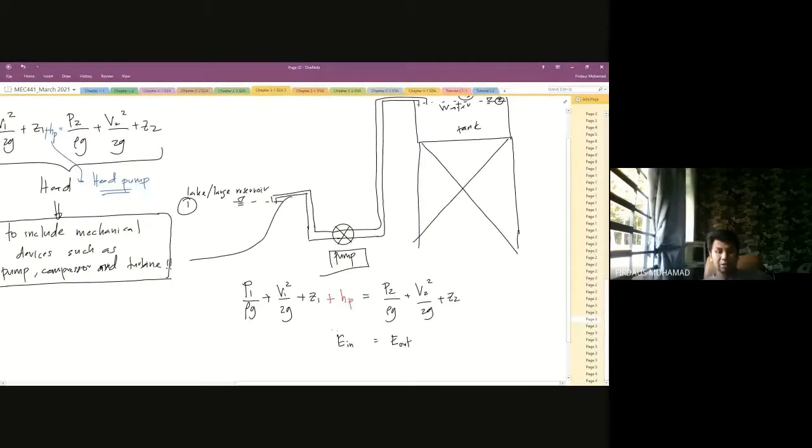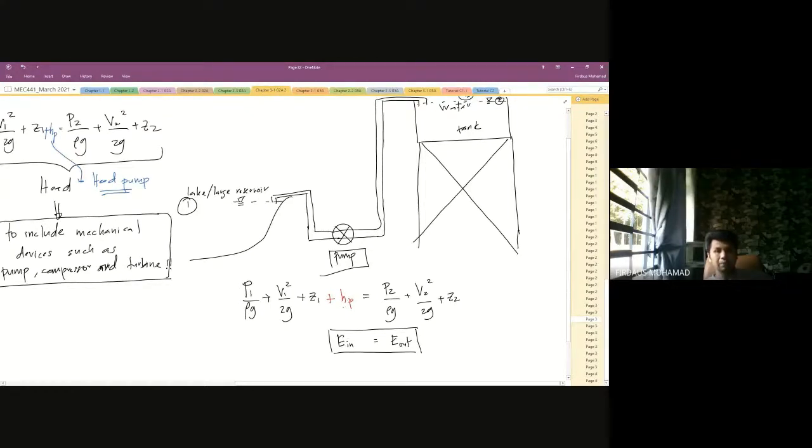So the pump is used to supply the energy, which is why it is included in the energy in.